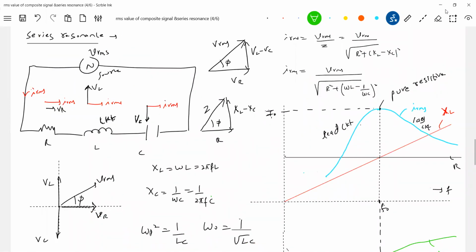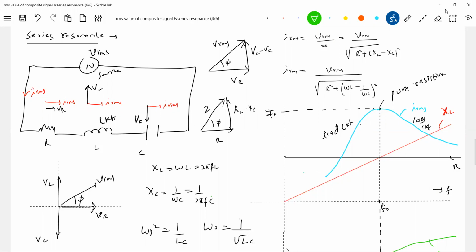One more, the total impedance can be plotted. Magnitude of impedance, mod of Z. Yes, one more we can plot.